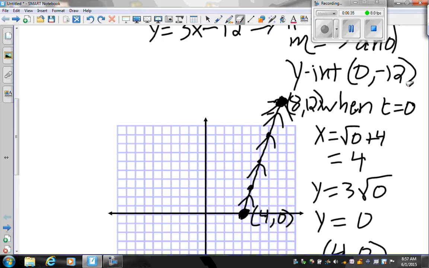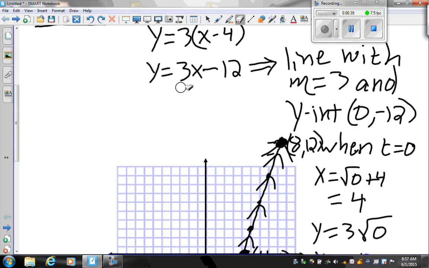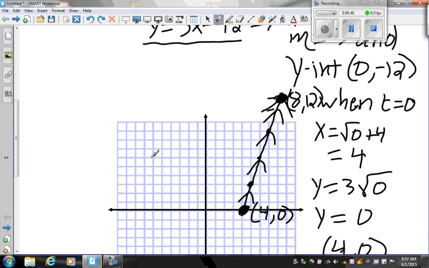So finally, we have eliminated the parameter to find our equation y equals 3x minus 12, and we have sketched the graph of this set of parametric equations, which is a line running between the point (4, 0) and (8, 12).